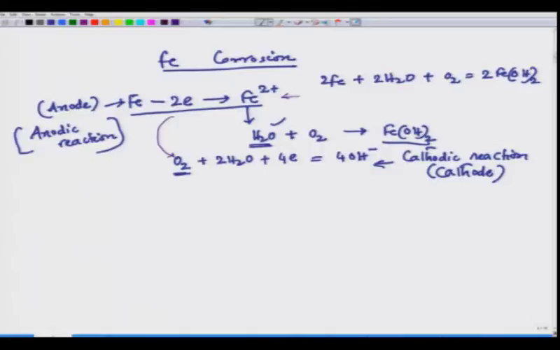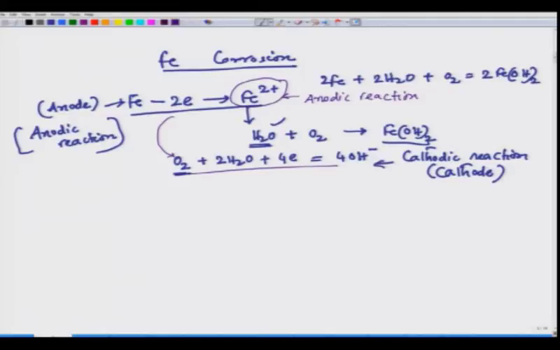And here we have seen that this ion reacts with H2O plus O2 and goes to Fe(OH)2. In fact, this particular reaction is the anodic reaction, and this particular reaction is the cathodic reaction, which happens on the iron surface itself.